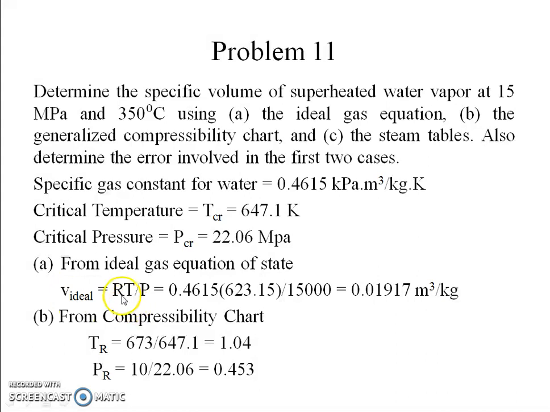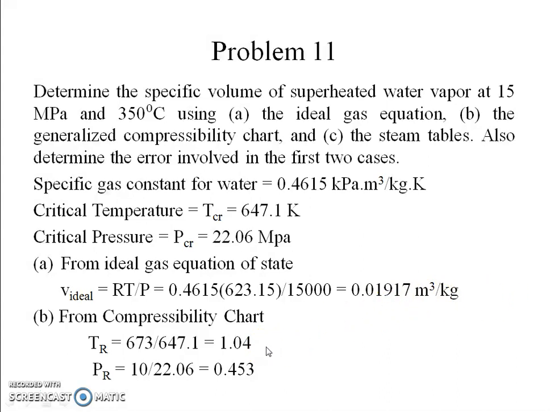V is equal to RT by P. R is given, T is also given, P is 15 megapascal. Since R value is given in kilopascal, I am changing this value of 15 megapascal to kilopascal. So I get the value of specific volume from the ideal gas equation as 0.01917 meter cube per kg.